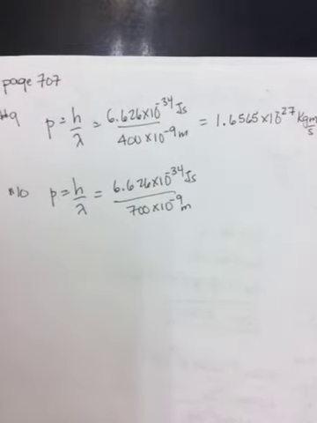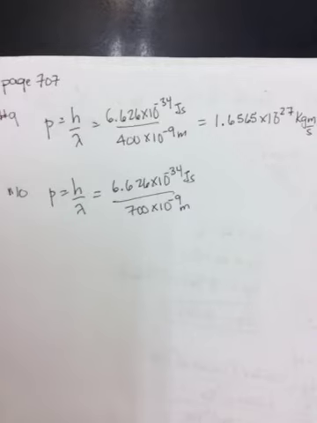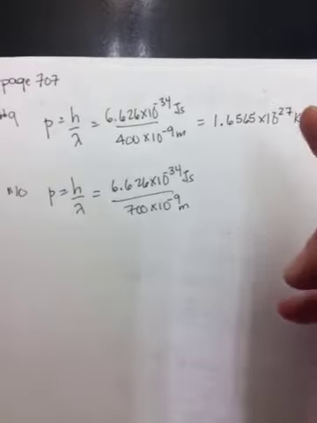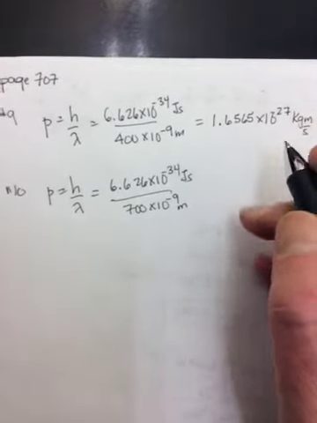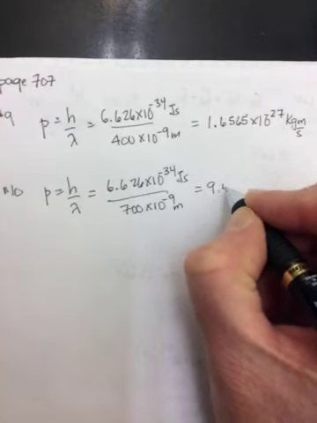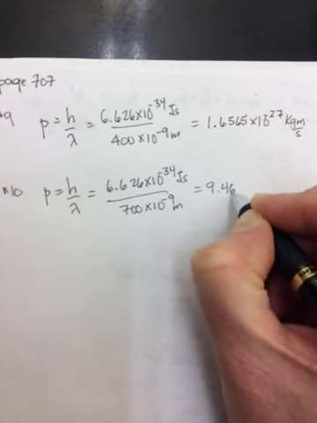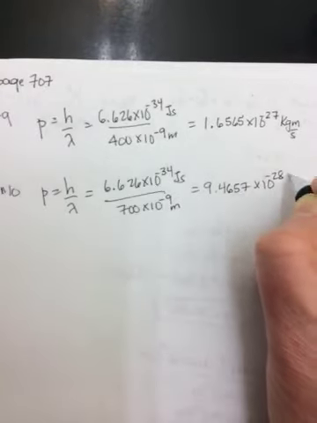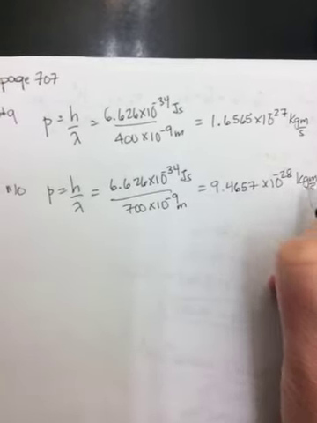So 6.626 to the negative 34 divided by 700 to the negative 9. And that should be 9.4657 times 10 to the negative 28 kilogram meters per second.